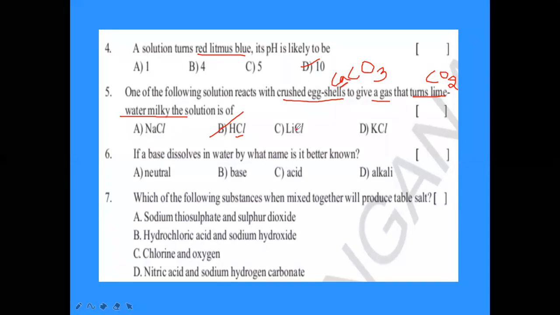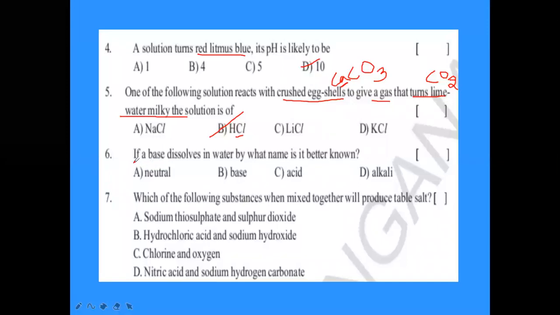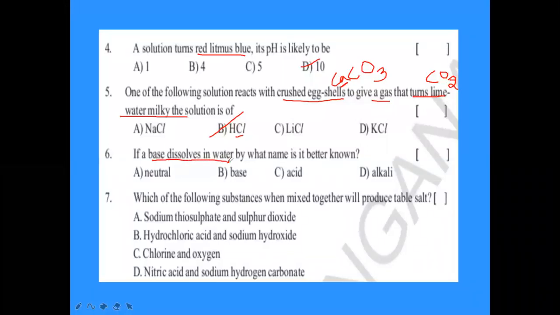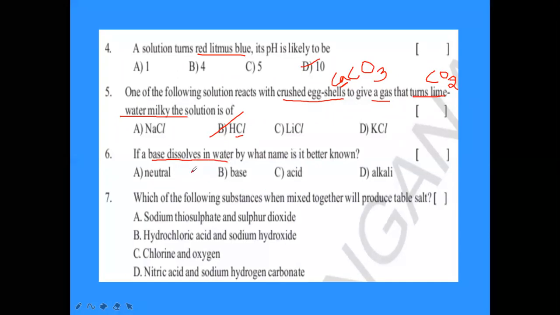Okay, next. If a base dissolves in water, base means NaOH, imagine. If a base dissolves in water, by what term is it better known? Which term can we use here? Alkali.